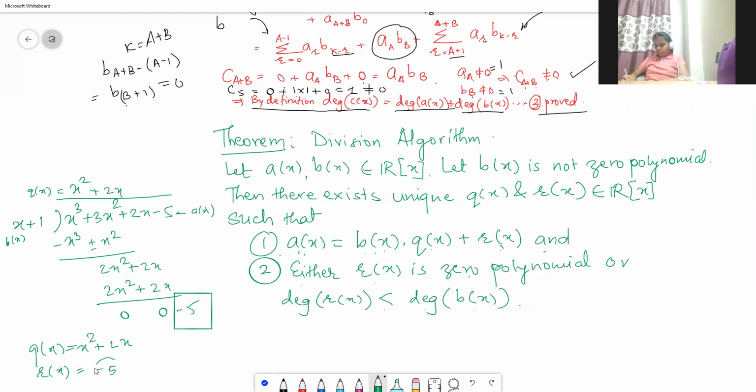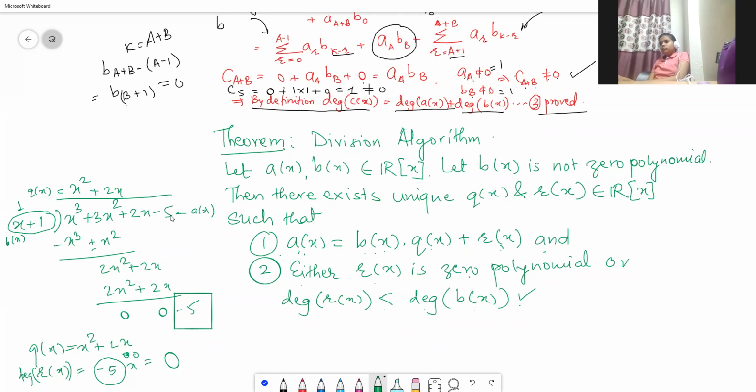Right? So if we observe, degree of R of x, minus 5 is minus 5 times x raised to 0, which is equal to 0. And degree of divisor polynomial is 1. So this is true.